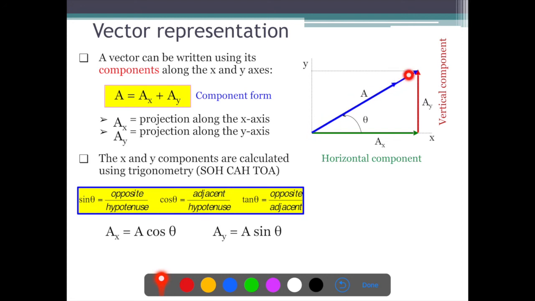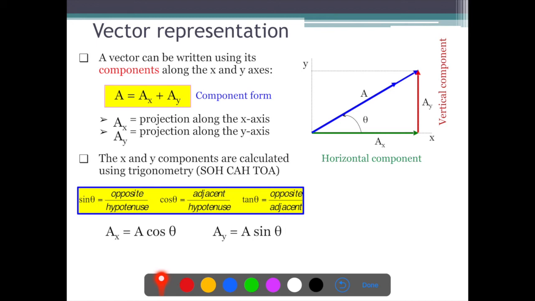And if you have two vectors, you need to consider the horizontal components of each vector and the vertical components of each vector. And you add up all the horizontal components and all the vertical components together.